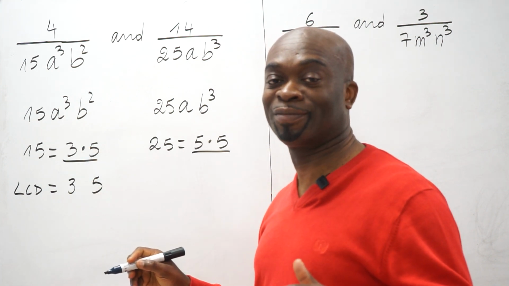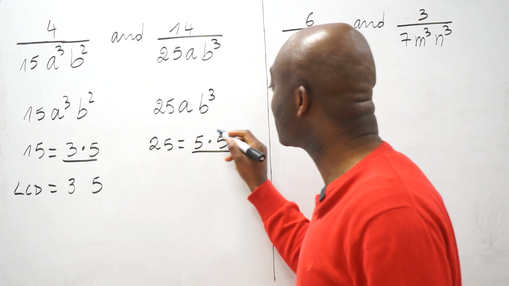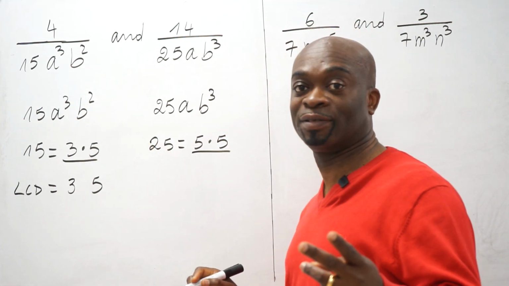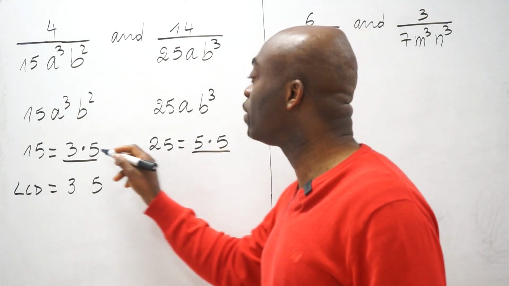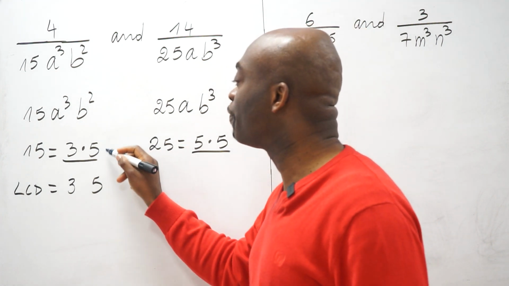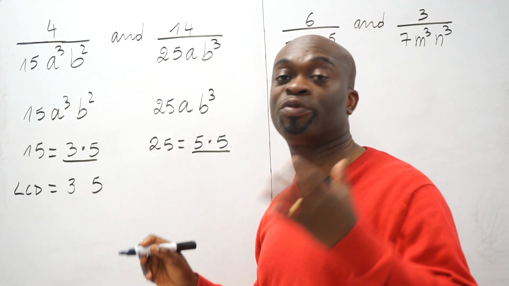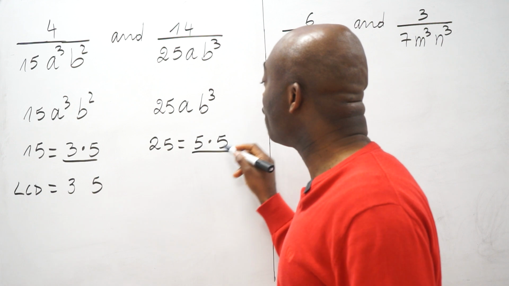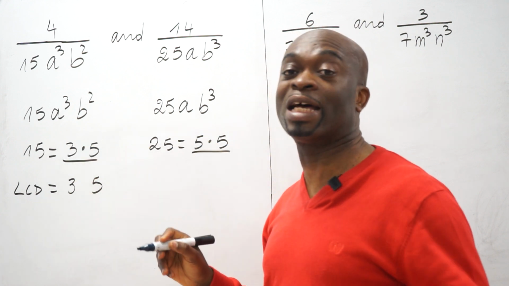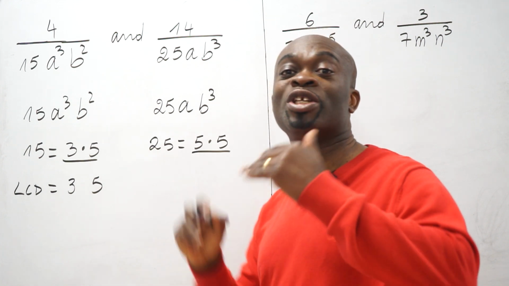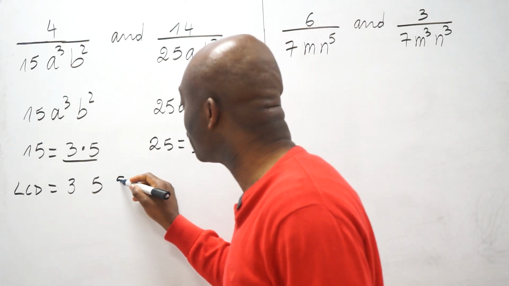For 5, we have it once here and twice here. We do not add these; whichever is the highest count in one of the denominators, that's what we take. So we take 5 twice.